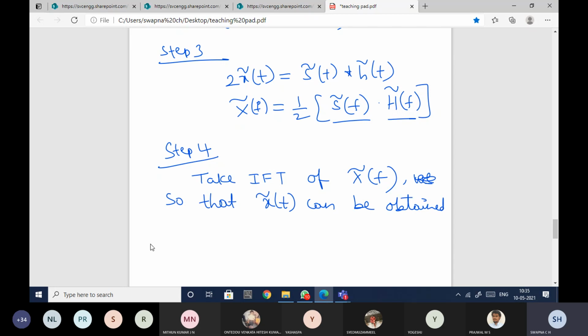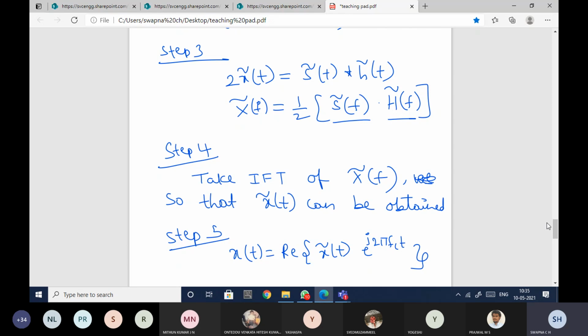In the final step, step 5, if you want to represent x of t, then x of t is nothing but the real part of x tilde of t e power j 2 pi fct. This is the frequency domain approach.